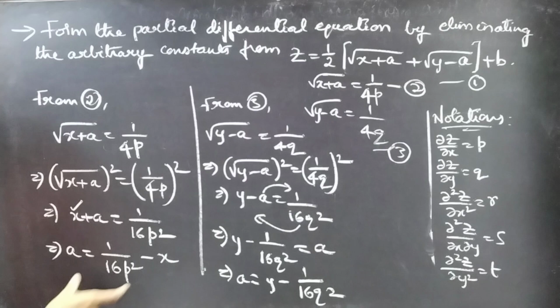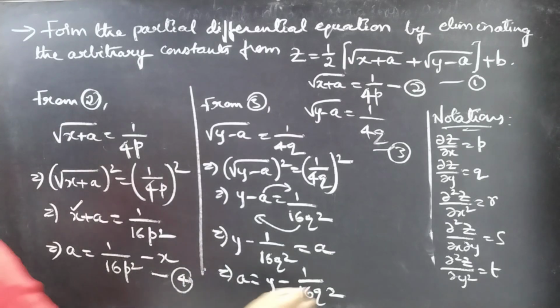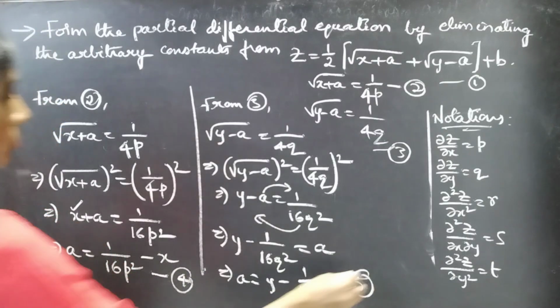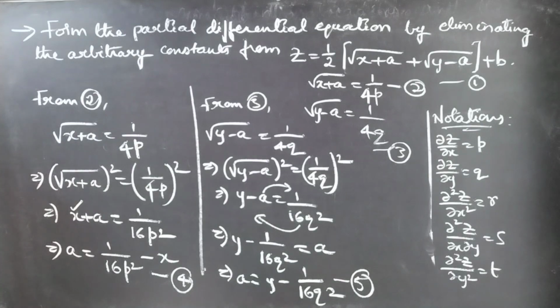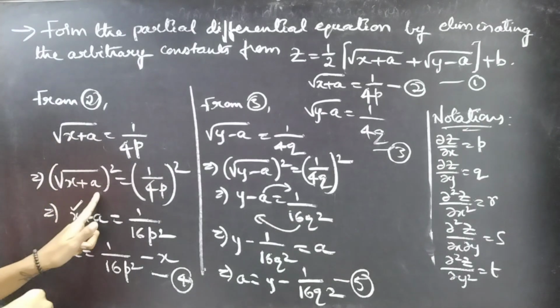So you have a equal to this and a equal to this. So from these two we can just equate them. Consider this as equation number 4, and this as equation number 5. Here you have square root of x plus a whole square.